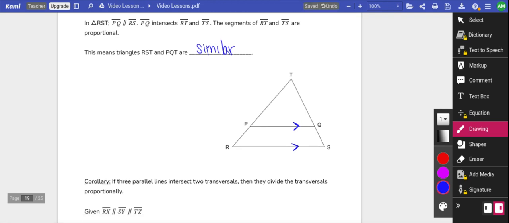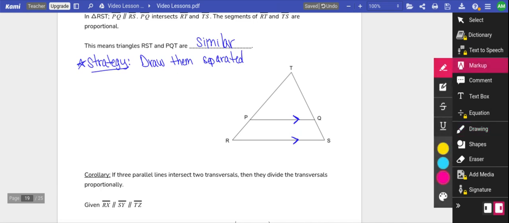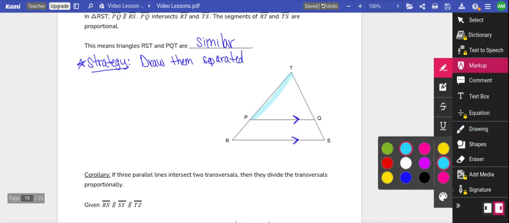So when we have triangles that are similar like this, our strategy is going to be to draw them separated from one another. So here I have triangle PTQ.